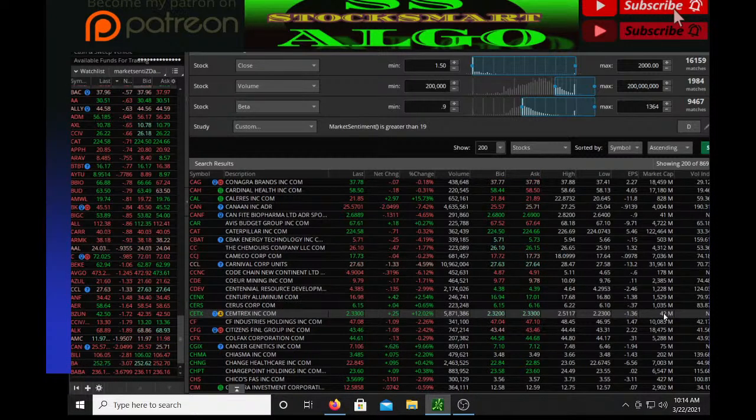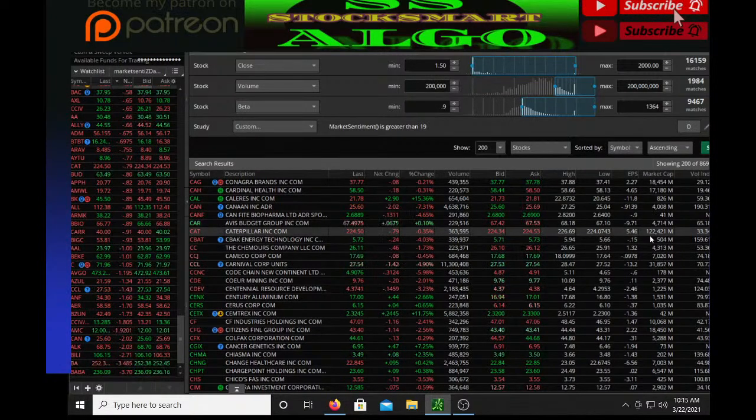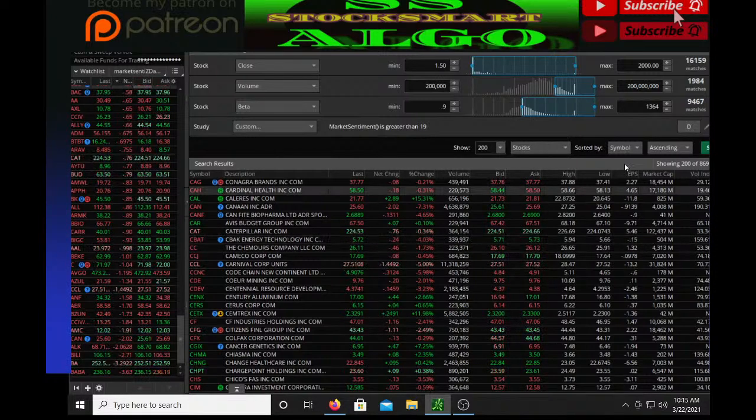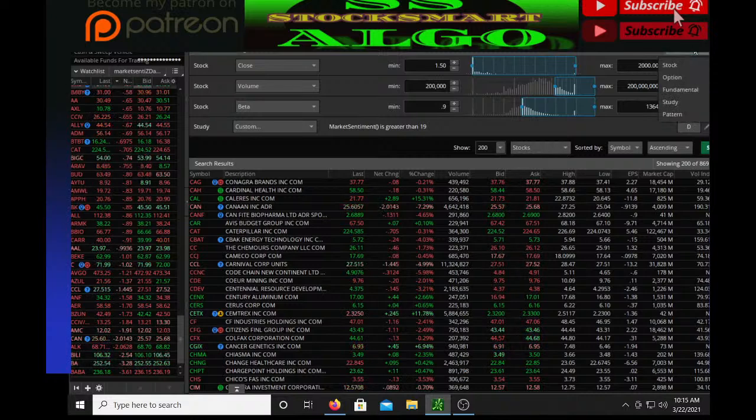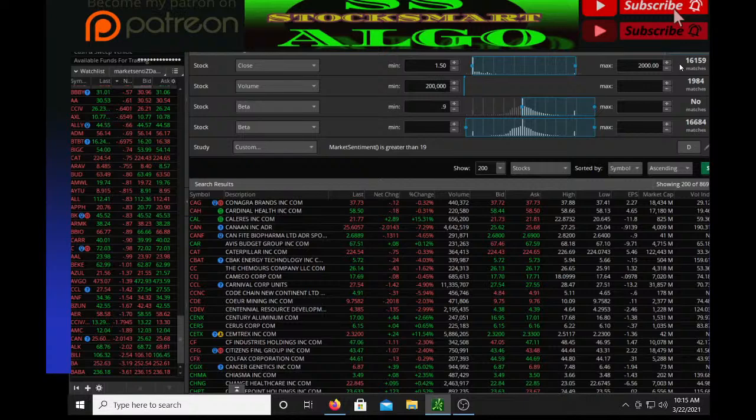All right, so let's get a cap greater than, I like to say at least 20 million. That keeps you away from a lot of them, but it depends on if you like trading low caps, because low caps are very volatile. You can make a lot of money off low caps. But in this instance, I don't want to see the low caps.